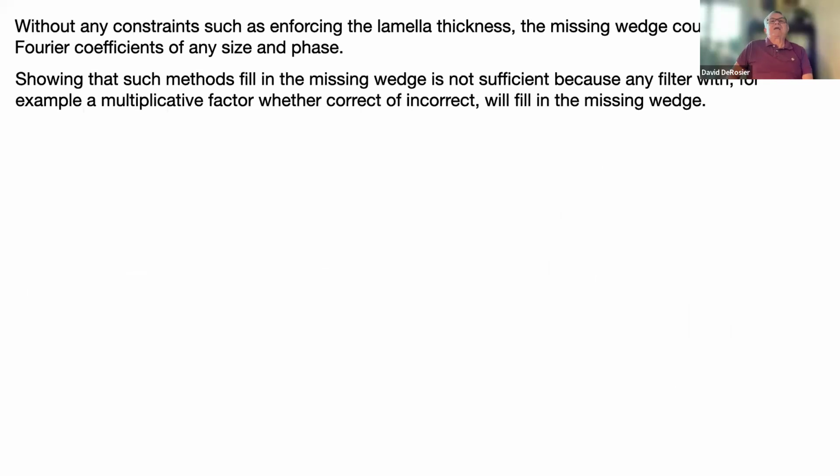Without any constraints, such as enforcing the lamella thickness, Fourier coefficients could be any size and any phase. And filling in the missing wedge is not sufficient because any filter with, for example, a multiplicative factor, whether correct or incorrect, will fill in the missing wedge.